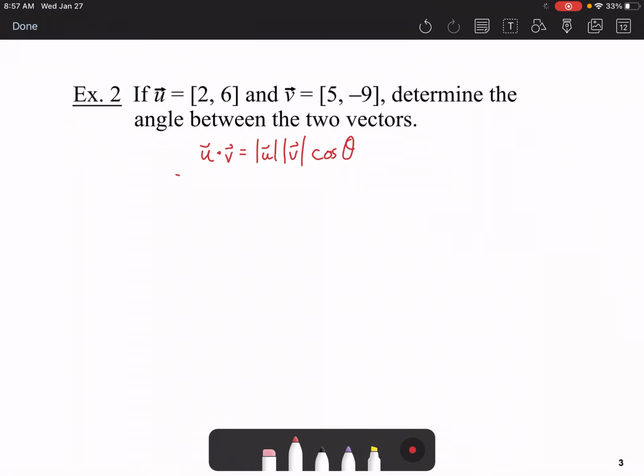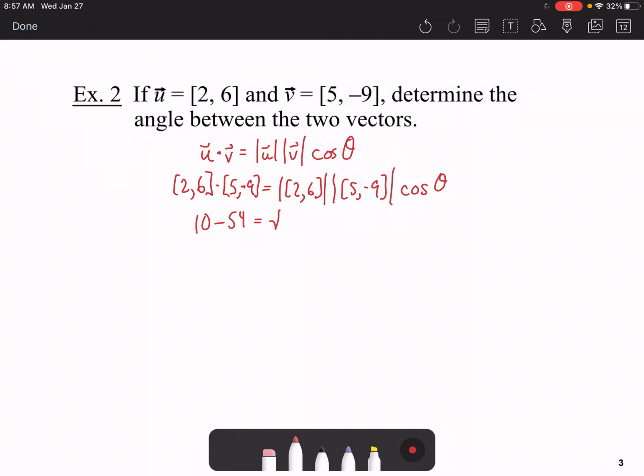Okay, so take the dot product between our two vectors. I'm going to work out the magnitude of each vector. And we're going to figure out theta. Okay, so this turns out to be 2 times 5, which is 10, minus 6 times 9, which is 54.